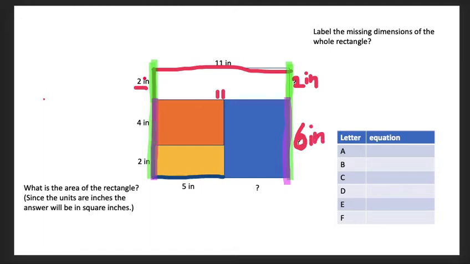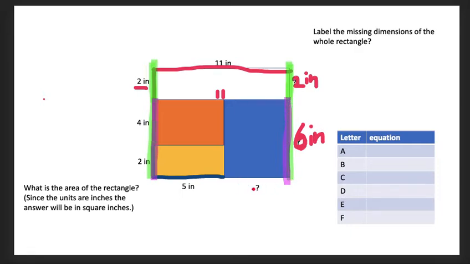Because this entire side was 2 inches plus 4 inches plus 2 inches. 2 plus 4 is 6. And then 6 plus 2 is 8. And if we go to the opposite side over here, 2 inches plus 6 inches is 8 inches. So boom, we found the entire dimension of that blue side.